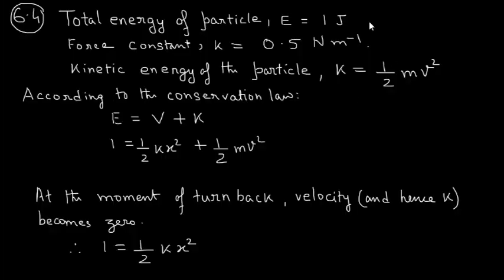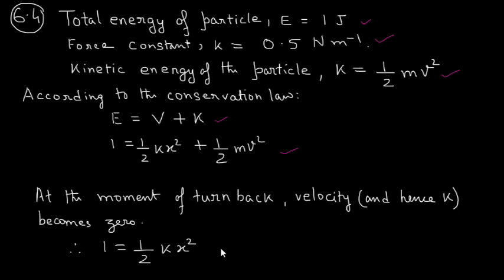So total energy of the particle E is equal to 1 joule. Force constant k is equal to 0.5 Newton per meter. Kinetic energy of the particle K is equal to half mv square. According to the conservation law, E is equal to V plus K. So putting the value of E, V and K, we get 1 is equal to half kx square plus half mv square. At the moment of turn back, velocity and hence K becomes 0.